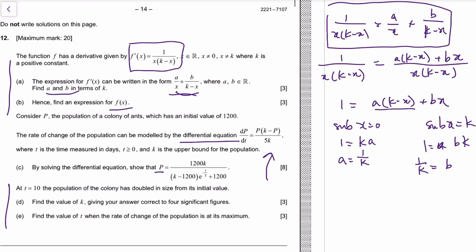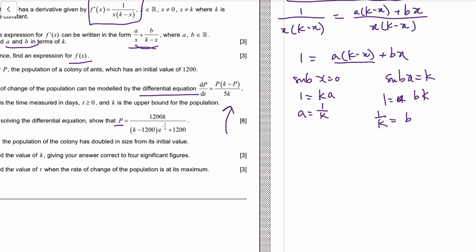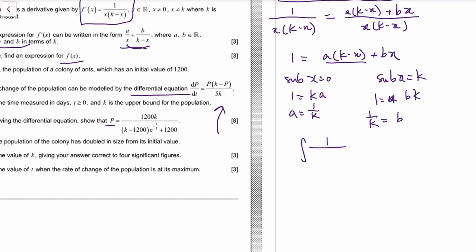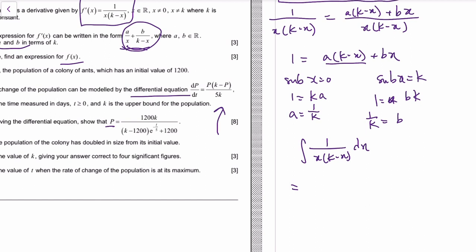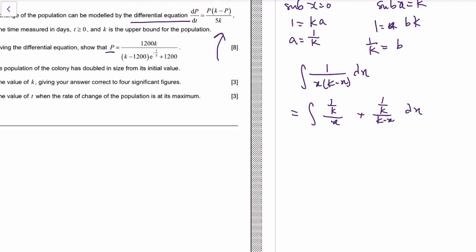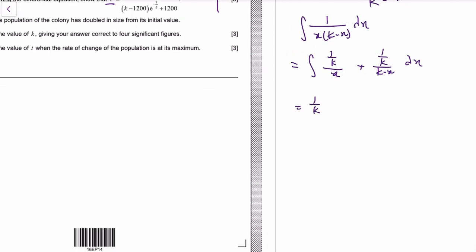And so they want you to find f(x), so that basically means integrate f prime x. So you integrate 1 over x(k minus x). The method would be you break it into these two fractions. So it is (1/k) over x plus (1/k) over (k minus x). Then each of them should be readily integrable, right, as log.